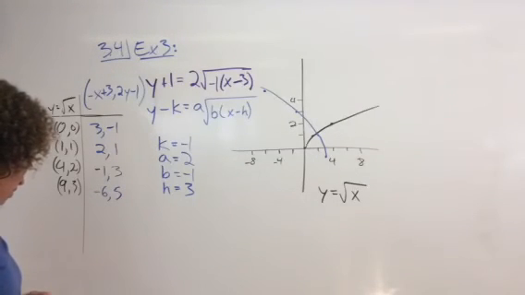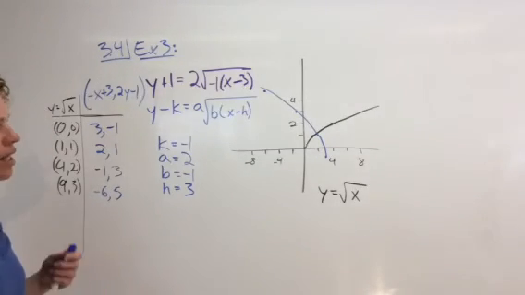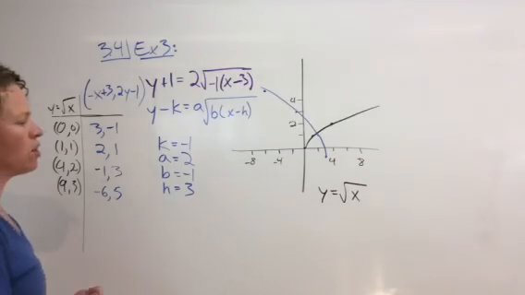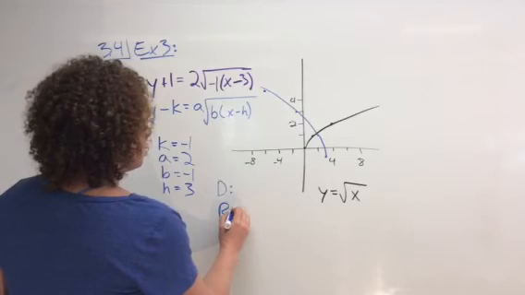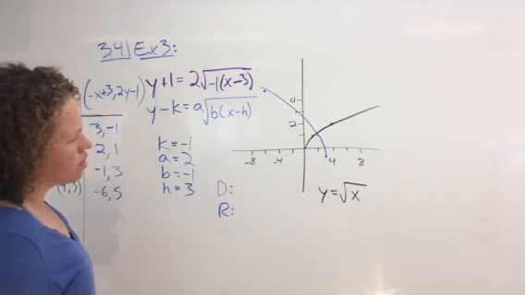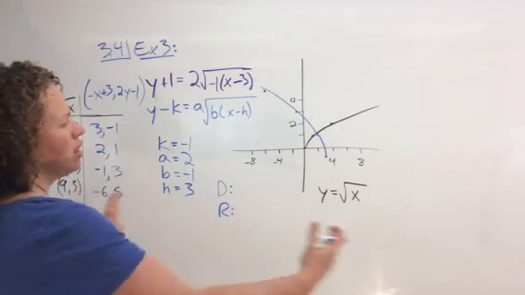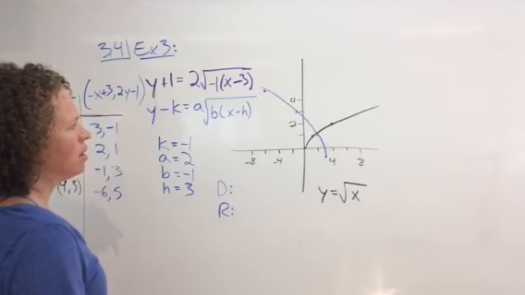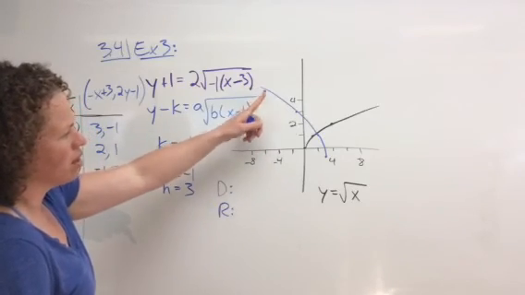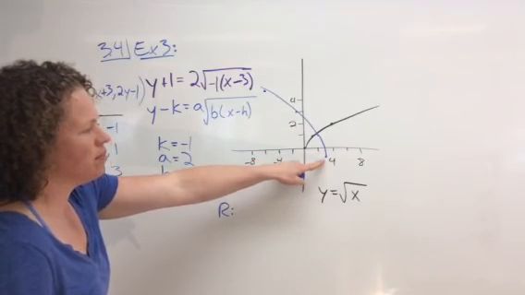The last thing we want to do is what is the domain and range of our new function. They don't ask us for the original, so we can just do the domain and range of the new one. So I look at my x and ask myself, what are the limits? Well, there's no limits going this way, but the graph started here.